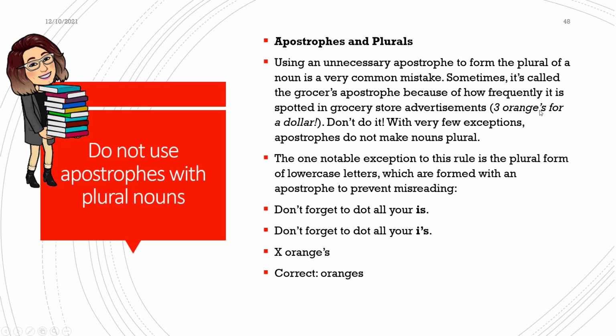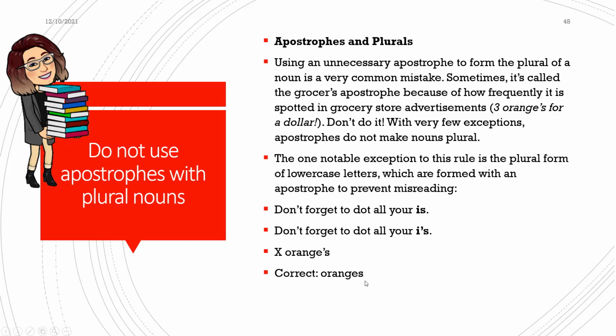So 3 oranges for $1, don't do it. With very few exceptions, apostrophes do not make nouns plural. The one notable exception is the plural form of lowercase letters, which are formed with an apostrophe to prevent misreading. So you can't say oranges apostrophe S. You have to say oranges.